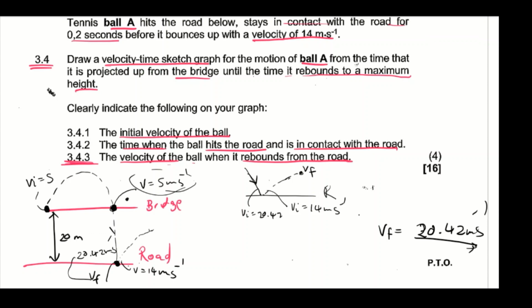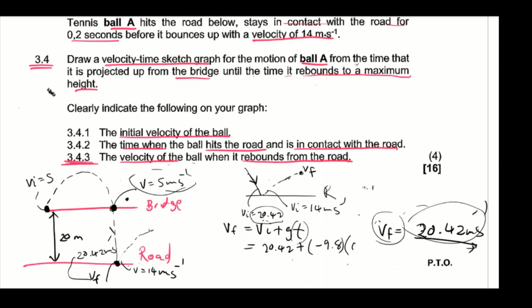Because we found this v final to be 20.42, we say v final equals v initial plus gt. We consider this as the v initial, so it's 20.42, exactly as I wrote here, plus our gravity, which is minus 9.8, times the time of 0.2 seconds spent with the surface, so it's the contact time.